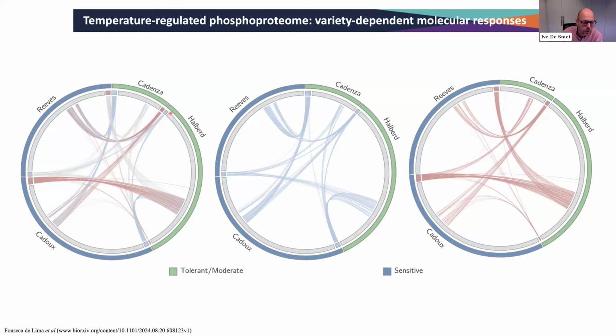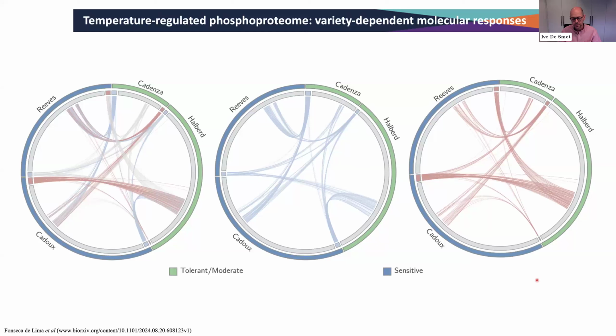There are also some vice versa changes in the tolerant ones that are mapping on the non-change in the sensitive ones. And we see the same picture for both the downregulated and the upregulated ones in our data. Now, what does this actually mean?